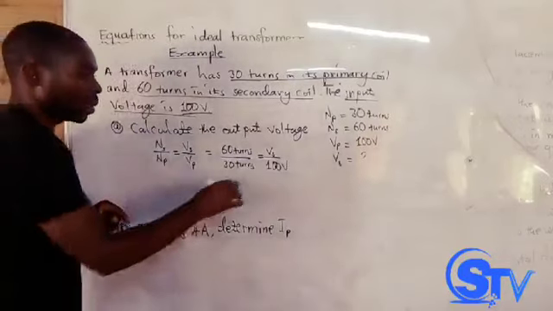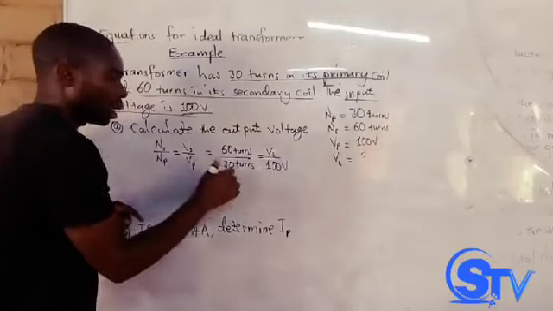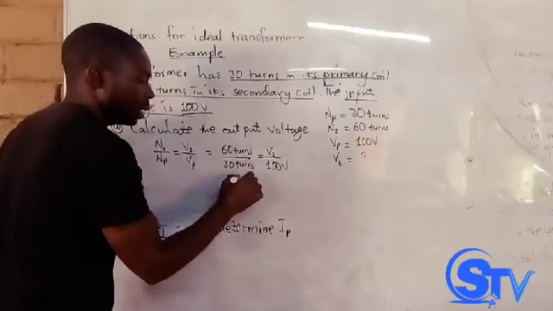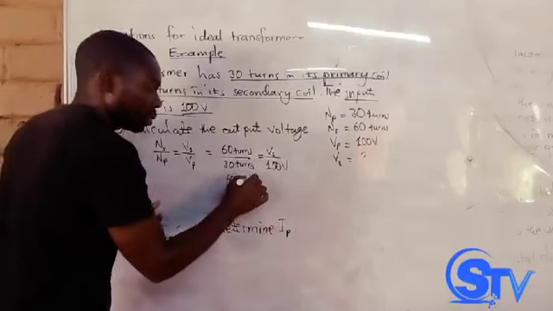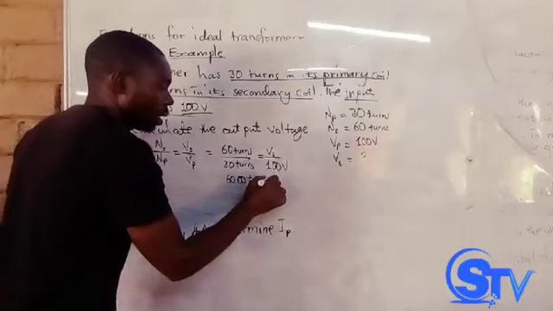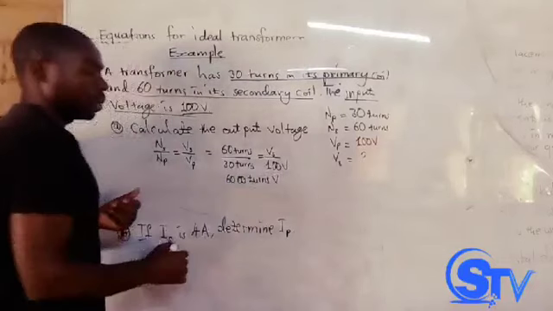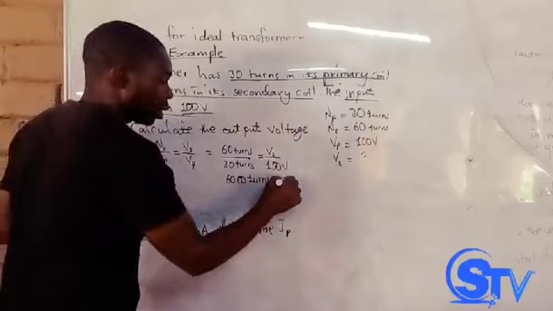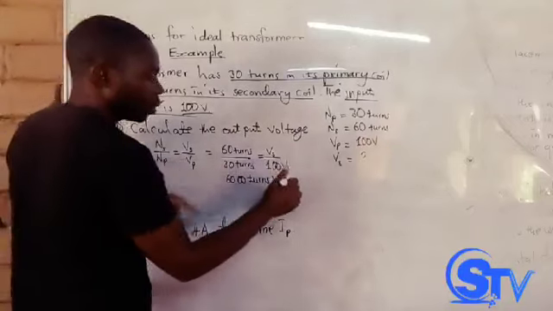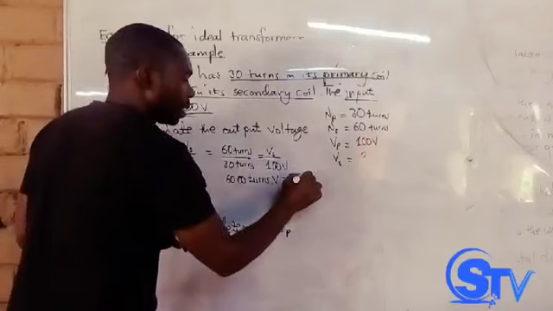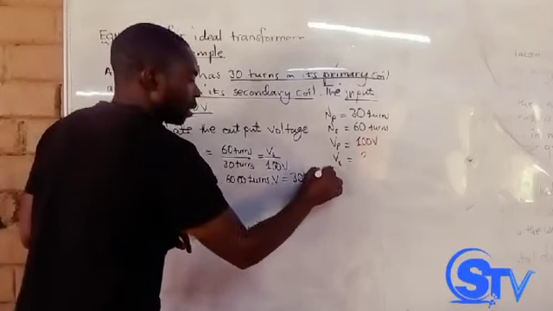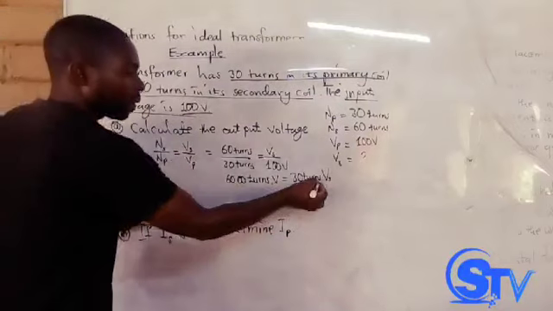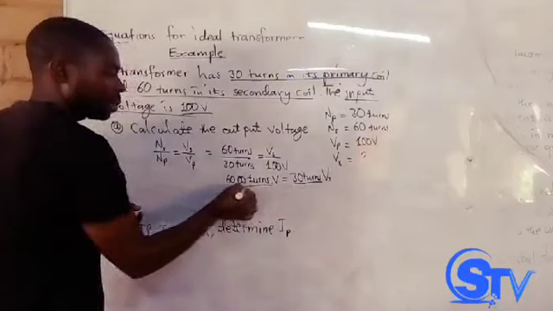So from there you can just cross multiply, and you will have 60 times 100 turns volts on one side, which is equal to 30 turns times the secondary voltage. So we can divide both sides by 30.